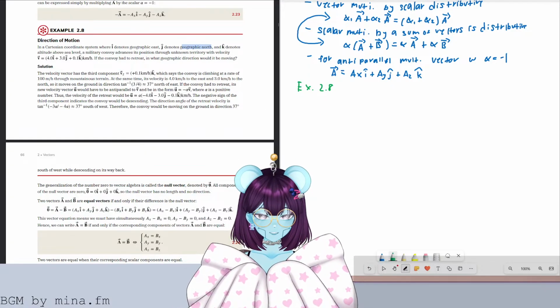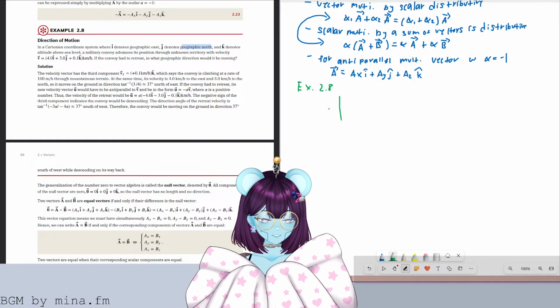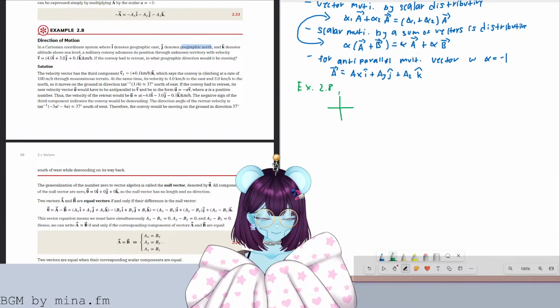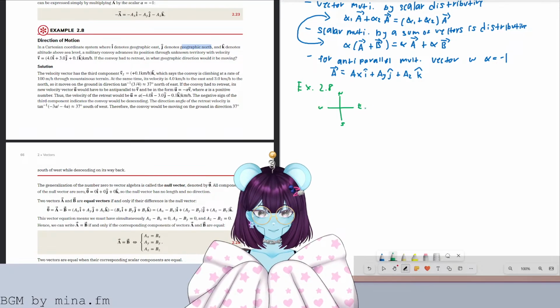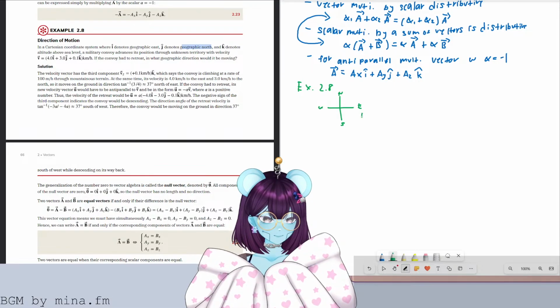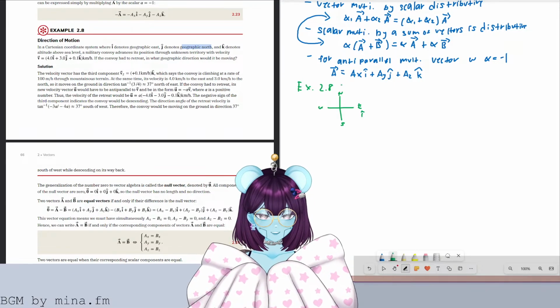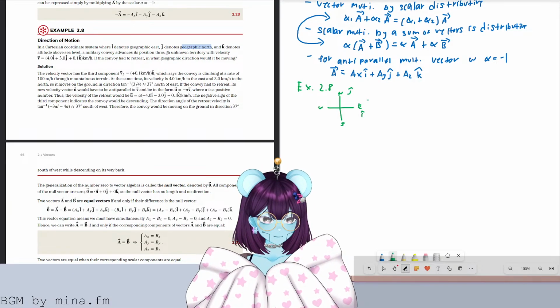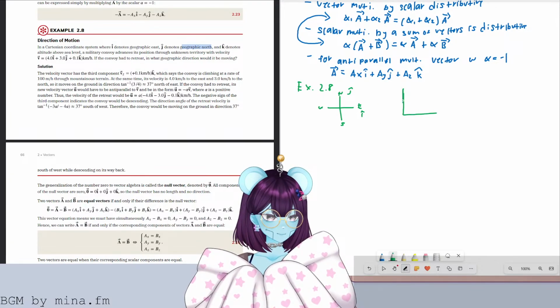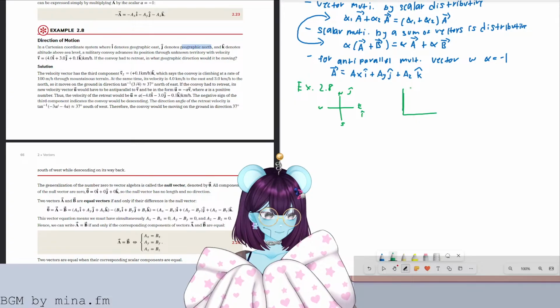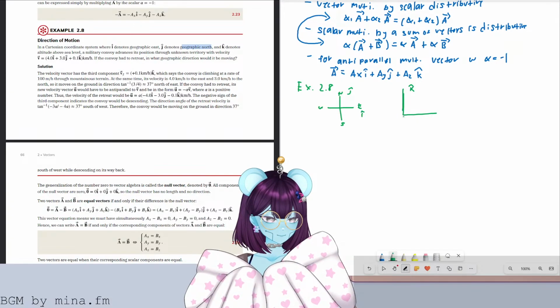Okay, so let's draw a little compass. We have I, I'll just write a little I there, and then J here. And then K is sort of going above. We'll have K here. This is the flat compass.